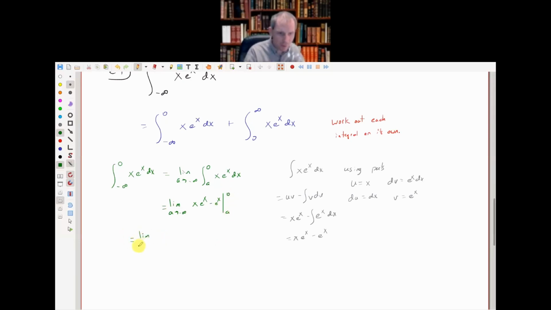So I have the limit as a goes to negative infinity of 0 e to the 0 minus e to the 0, minus a e to the a minus e to the a. Okay, 0 times anything is 0, so this part is going to be 0. E to the 0 is 1, so I have a negative 1.